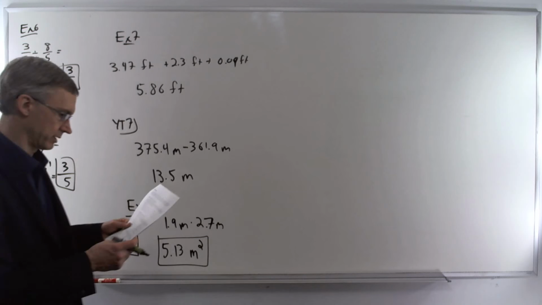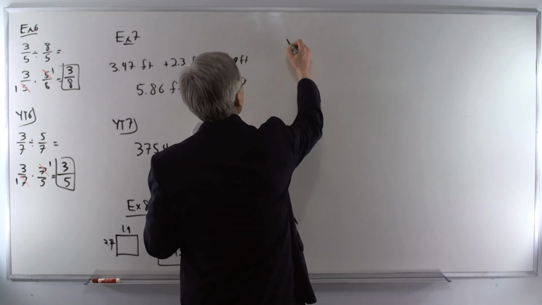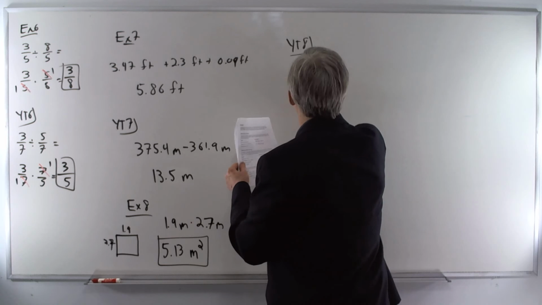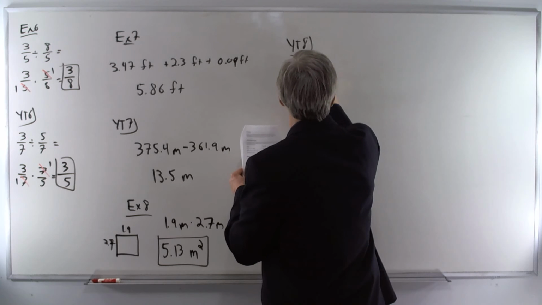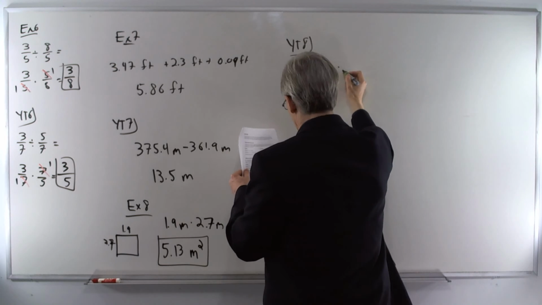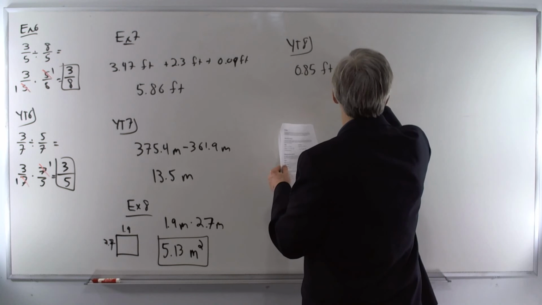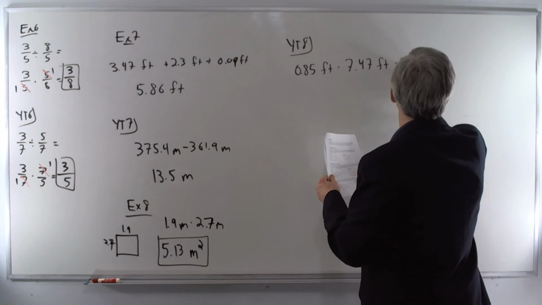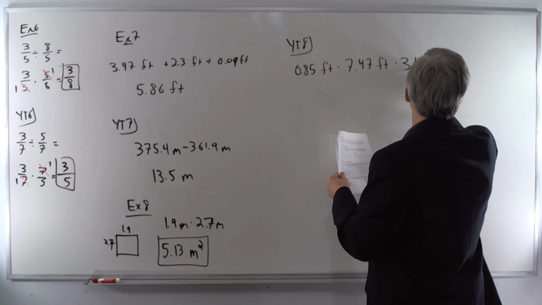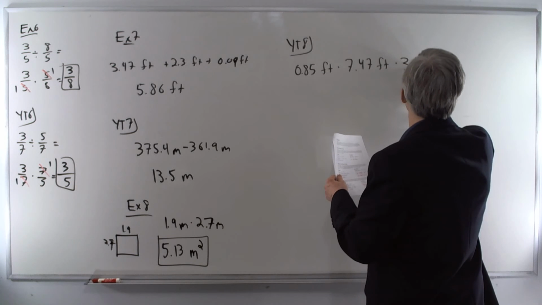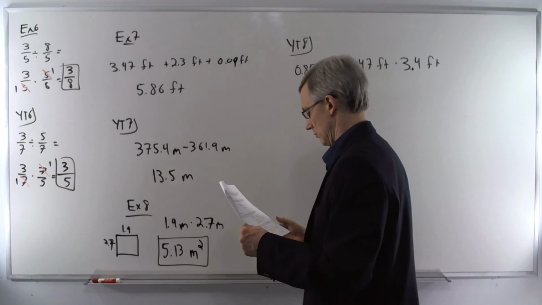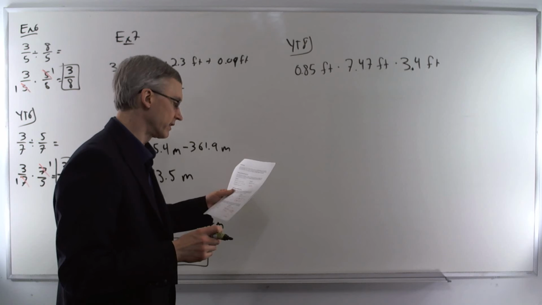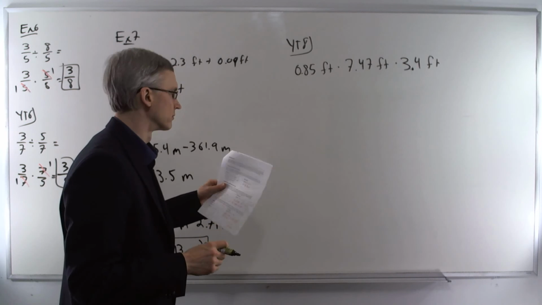Your turn, number 8. 0.085 feet times 7.47 feet times 3.4 feet.